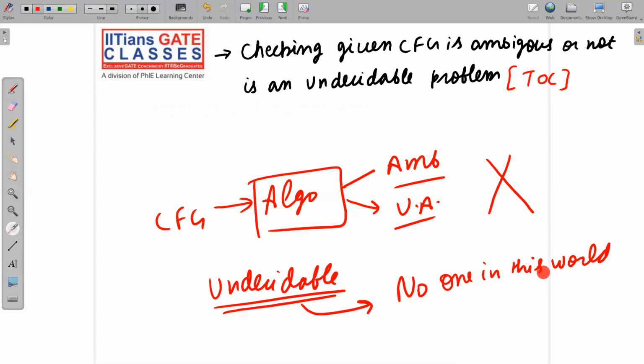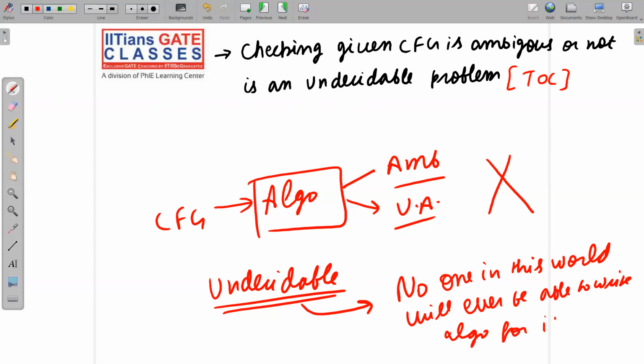We are saying that no one in this world will ever be able to write an algorithm for this problem, and obviously it has been formally proven also. Nobody in this universe will ever be able to write an algorithm to solve this problem. Hence, we call it an undecidable problem.